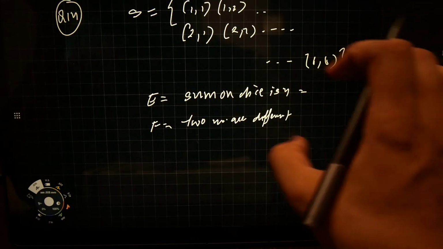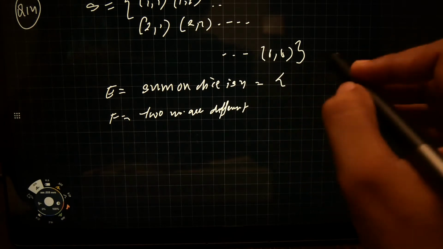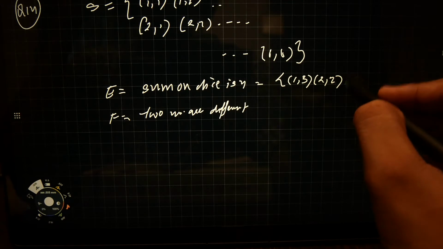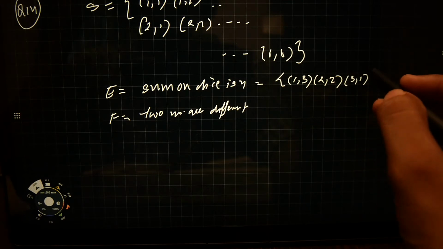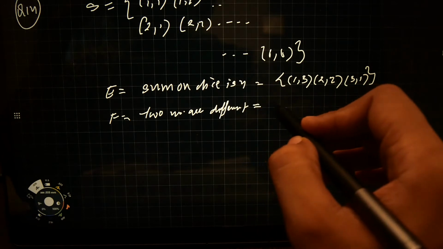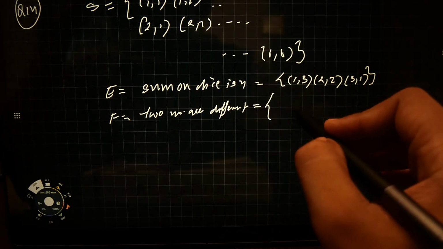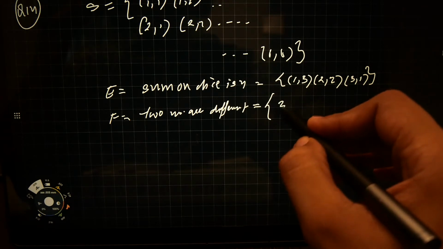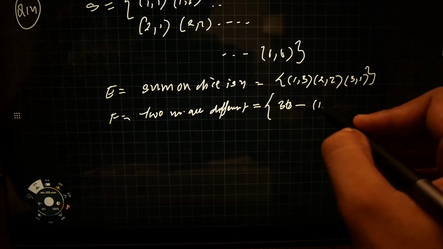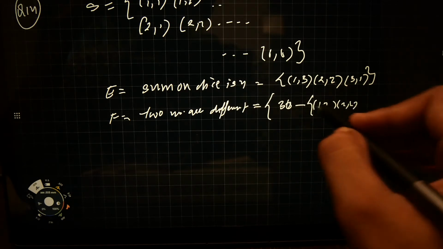Okay, so in this, the sum on the dice is 4. What are the possibilities you get? If you take 1, it will be 3; 2, it will be 2; 3, it will be 1. So there are only 3 possibilities here, and the two numbers must be different. Let's not write all the numbers that are different. Let's say there are 36 numbers in total, out of which 1 1, 2 2 and so on are equal.